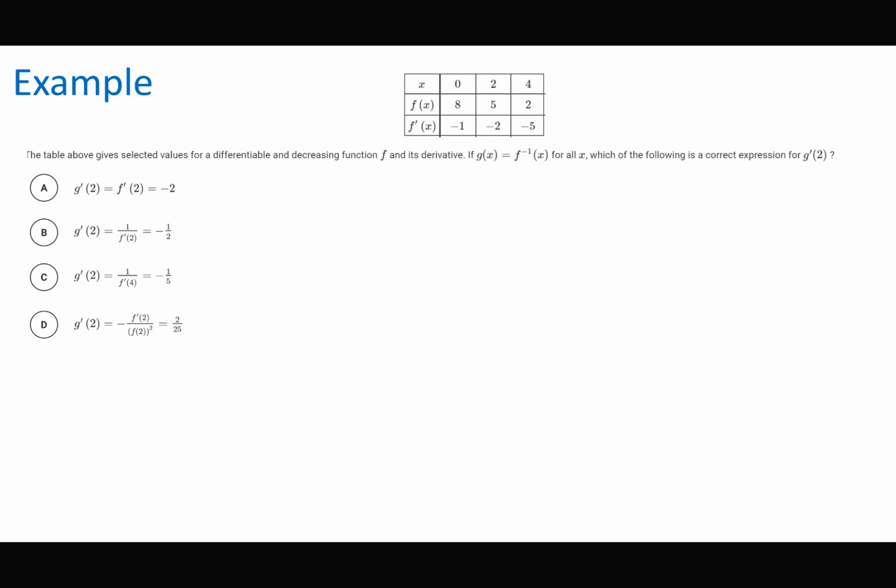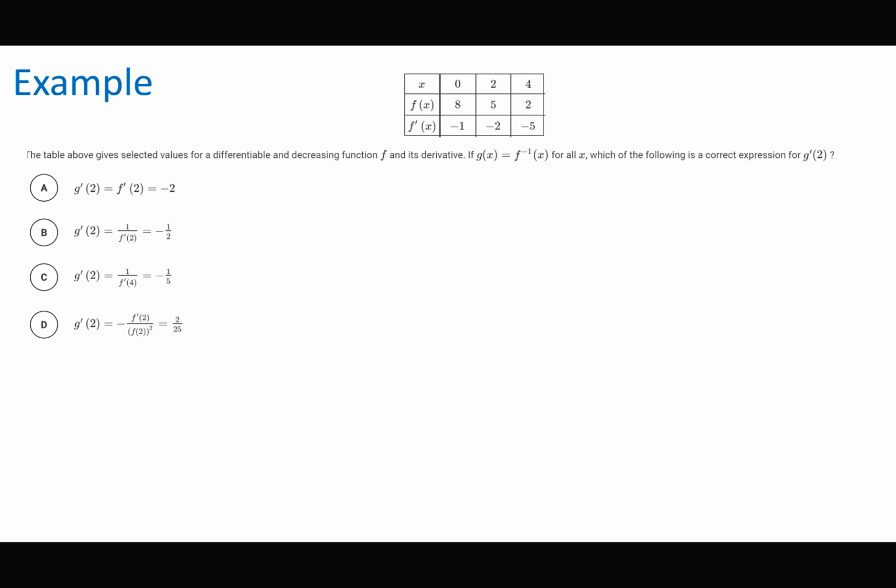Might not be able to read it as well from the back, but it says the table above gives selected values for a differentiable and decreasing function f and its derivative if g of x is f prime of x. So they're already putting it into that form that we know we want to work with. So we're going to call now our new g of x function the inverse of f.